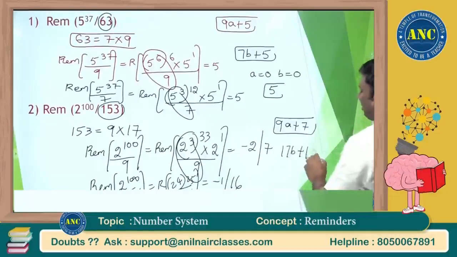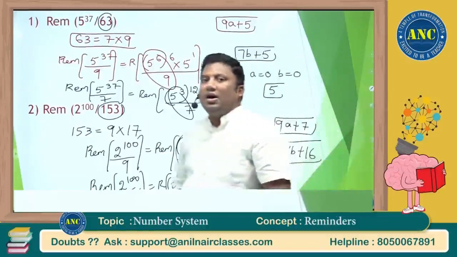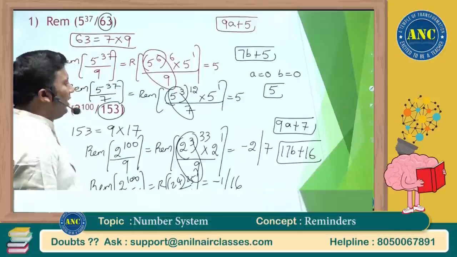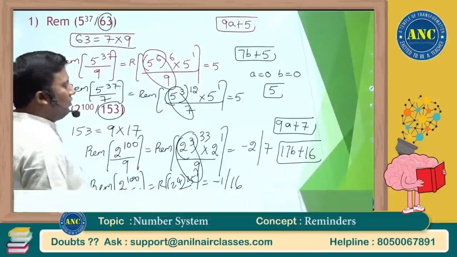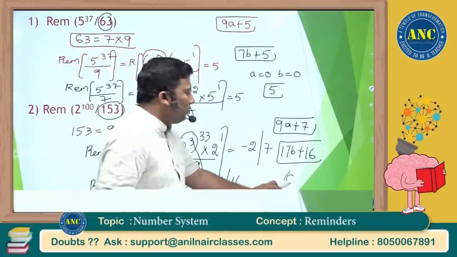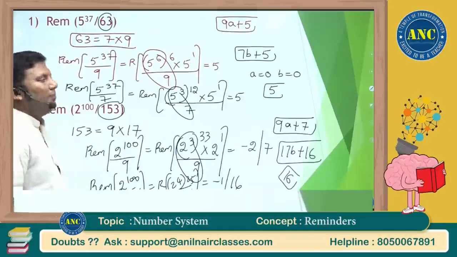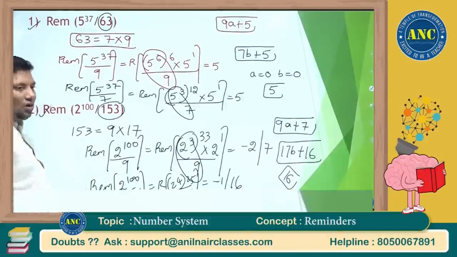The answer when divided by 9 should give remainder 7, and when divided by 17 should give remainder 16. Just by looking at the answer options, we can say that 16 is the possible case, when A is 0 and B is 0. I hope this question is clear.